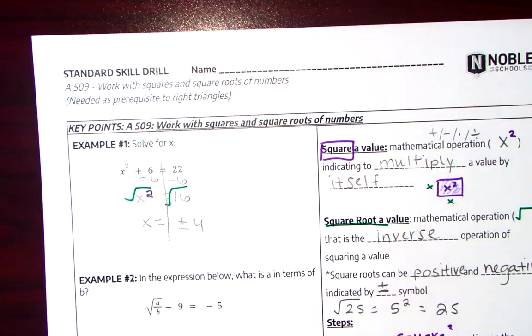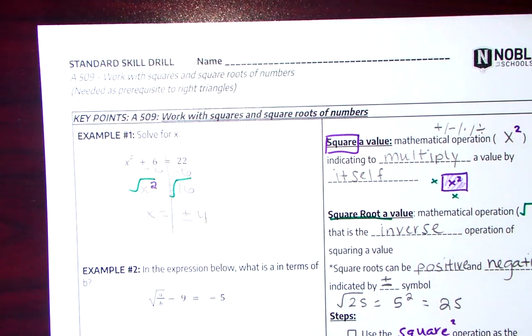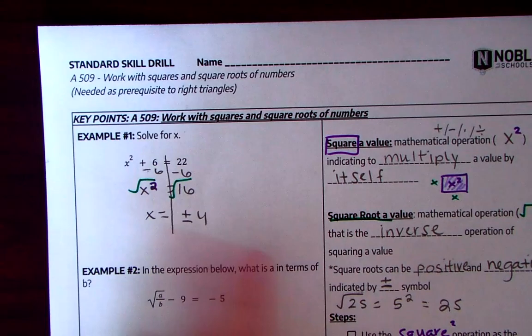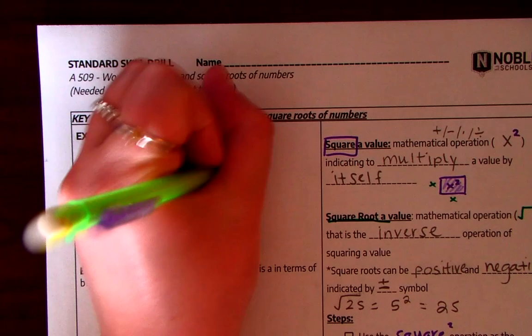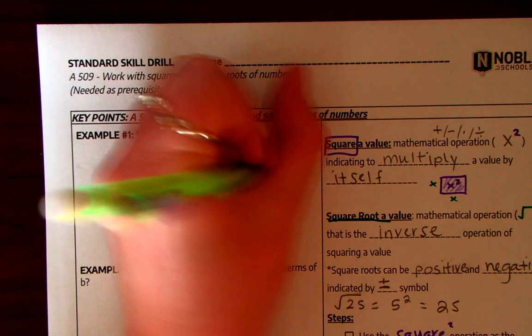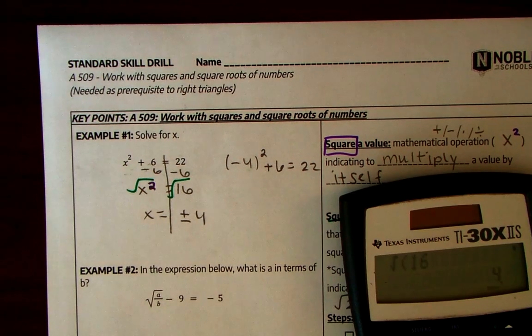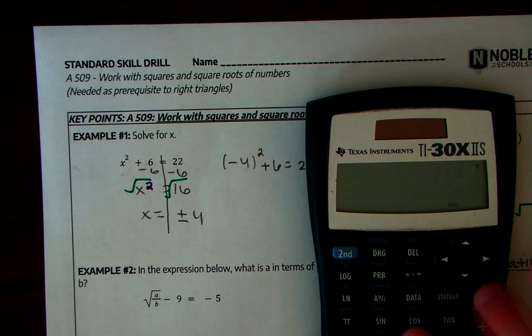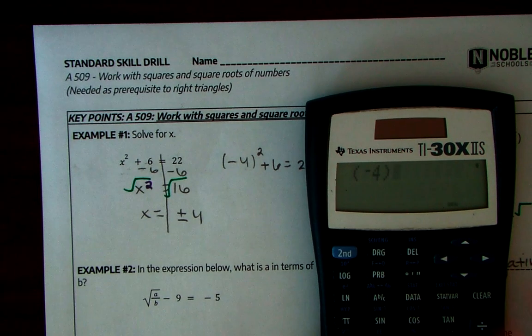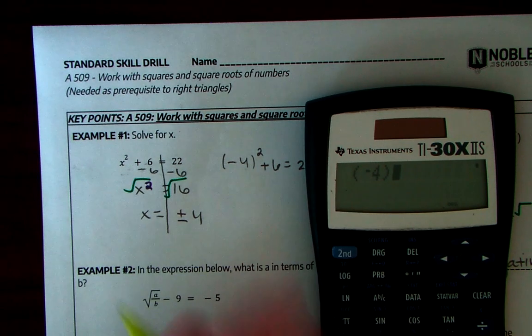And again, that's because, let's imagine, I'm going to actually check this by substituting back into this equation, okay? If I were to do negative 4 squared plus 6, I hope I get 22, right? Well, negative 4 squared, notice I'm using parentheses because it's the quantity of negative 4 being squared.